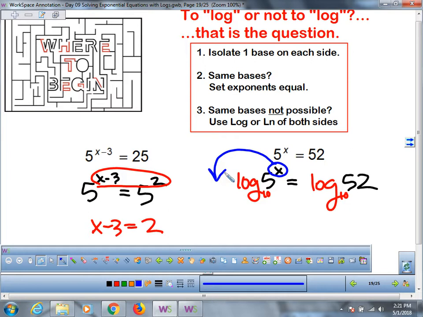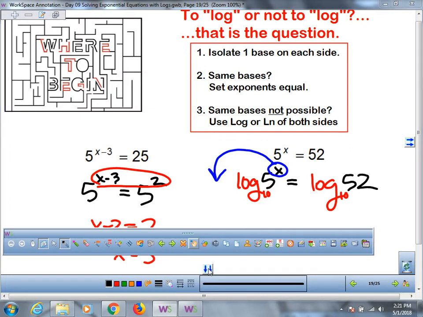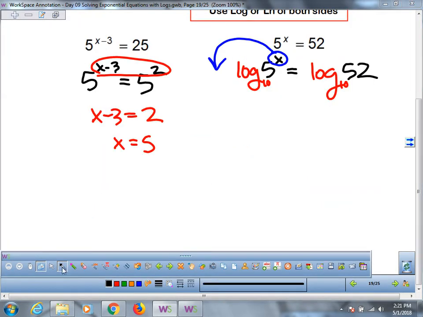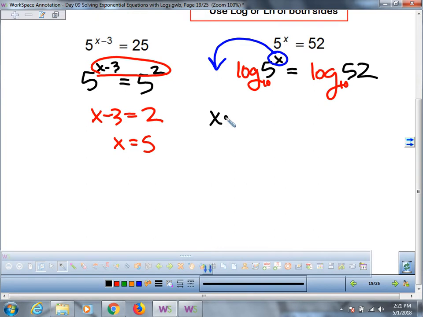It's on the top of the bus, so it needs to be pulled out in front. Okay? That's our whole reason for logging both sides, so that we can make that exponent come out of the air. That's our whole reason for using logs. So now I have x times log 5 equals log 52.